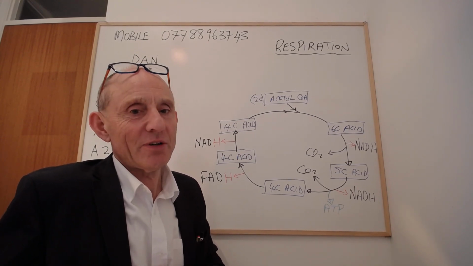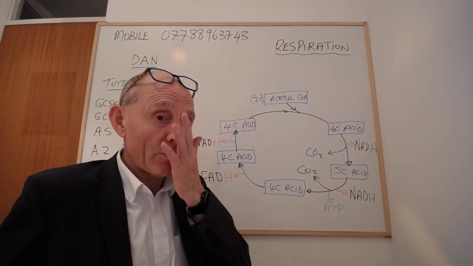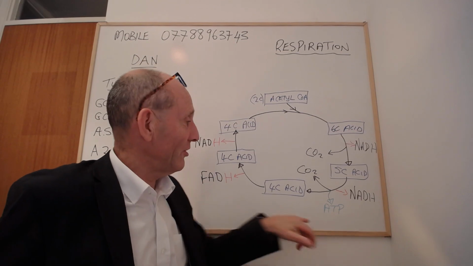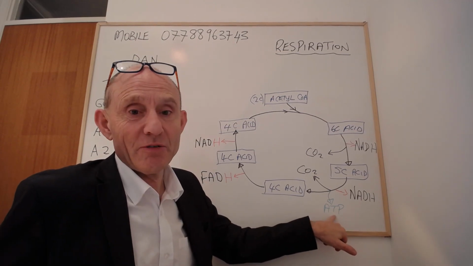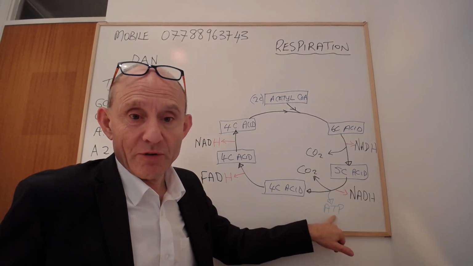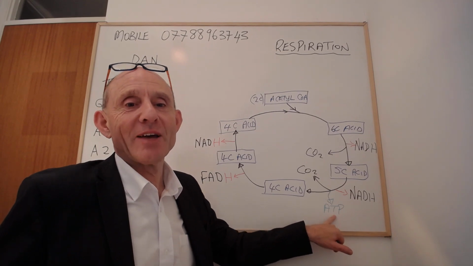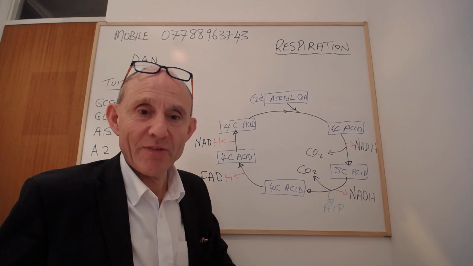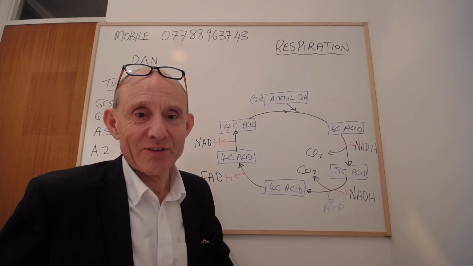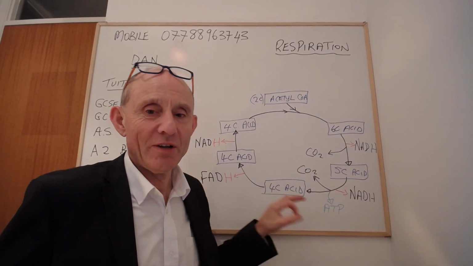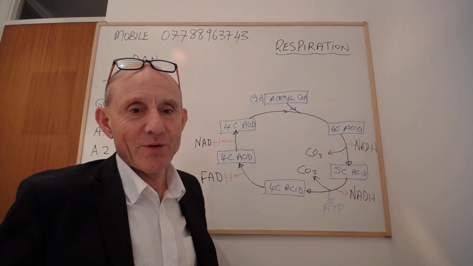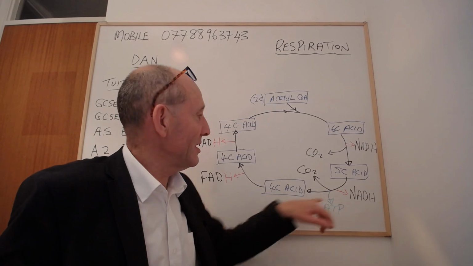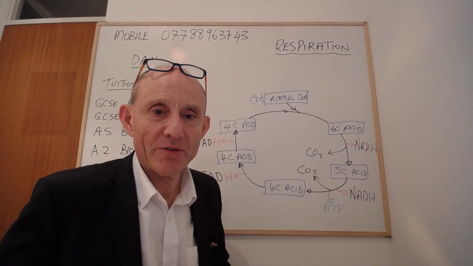If the cell doesn't have oxygen available, you won't get those 34 ATPs, and you're just left with only 2 ATPs from glycolysis, and I'll explain that later. But essentially you're expecting to get the other 34 ATPs when these hydrogens are brought to the electron transport chain.